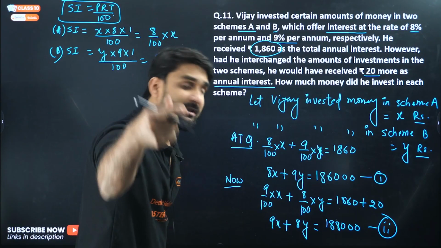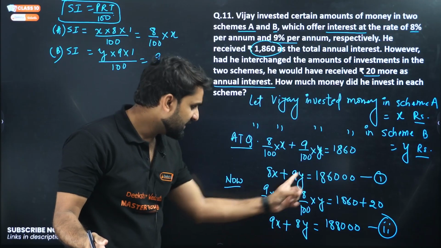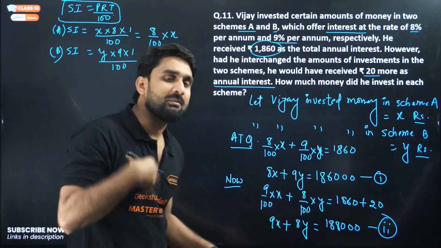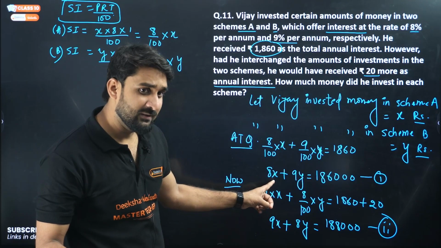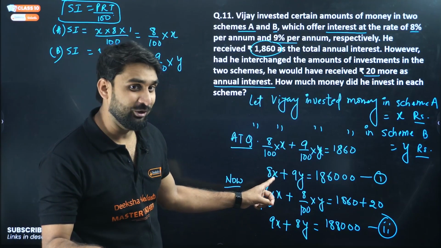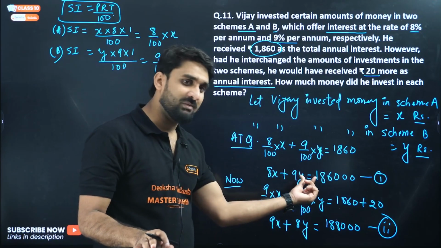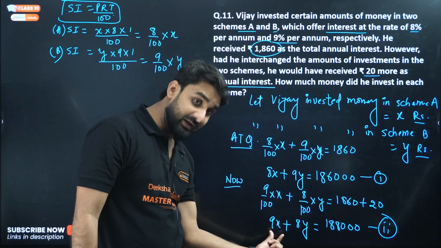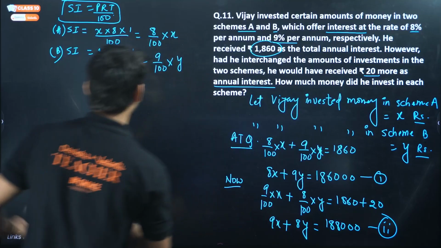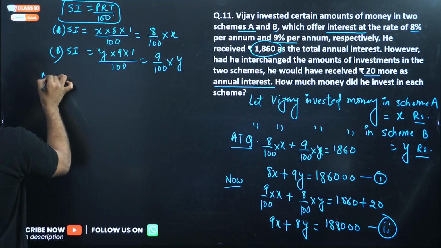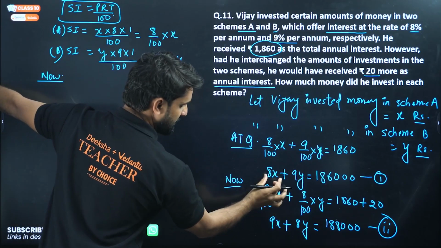And to apply the elimination method, you can eliminate any one. Either you can eliminate x family or y family. I'm eliminating x family. So to eliminate the x family, we have to multiply this equation by 9, because 8 into 9 will be 72 and this 9 into 8 will be 72. So we have to multiply this equation by 9 and we have to multiply this equation by 8 to make the coefficient of x equal to each other, right? So now can we multiply this equation by 9?